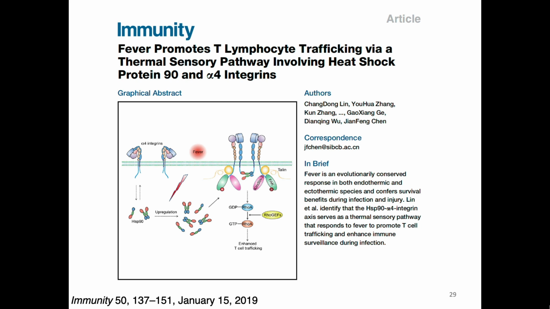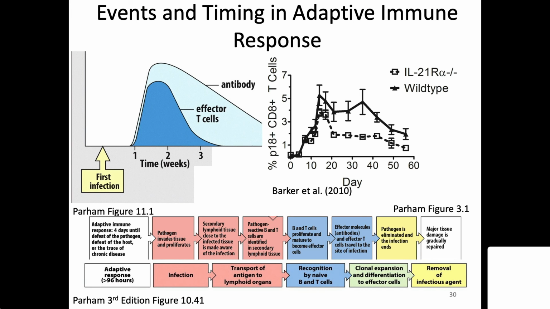So fever not only blocks microbial replication, it also helps integrins work better and helps trafficking work better, so that you can have this process working better when you are sick, which makes sense. And there are a number of other kinds of benefits that might come up from some of these things that we've seen and thought about in the past.